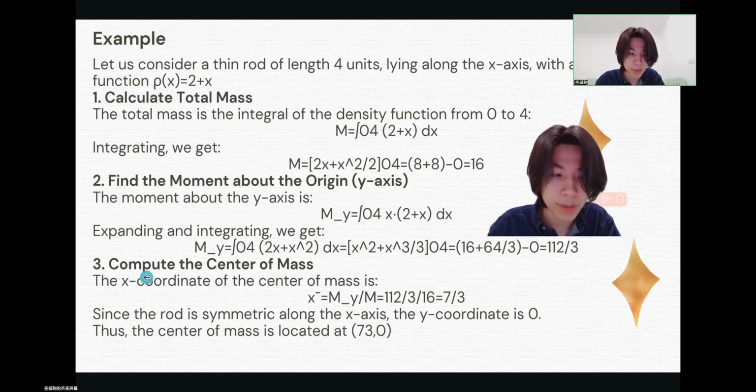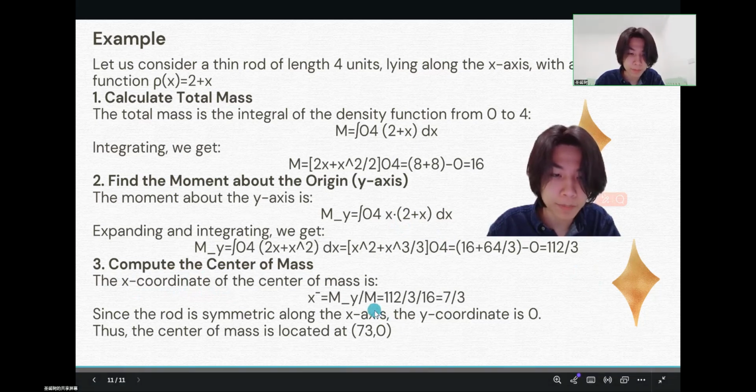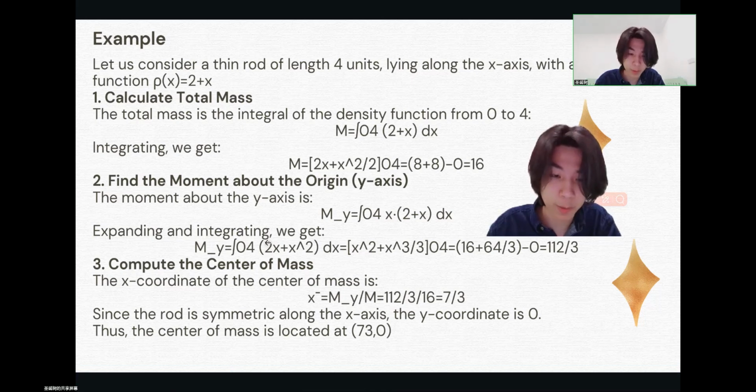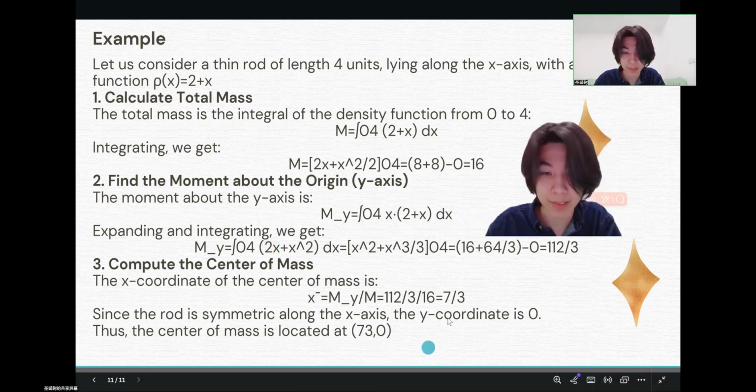And finally, we compute the center of mass. The x coordinate of the center of mass is the moment about the y-axis divided by the total mass, which equals 7 divided by 3. Since the rod is symmetric, the y-coordinate of the center of mass is 0. And that's all.